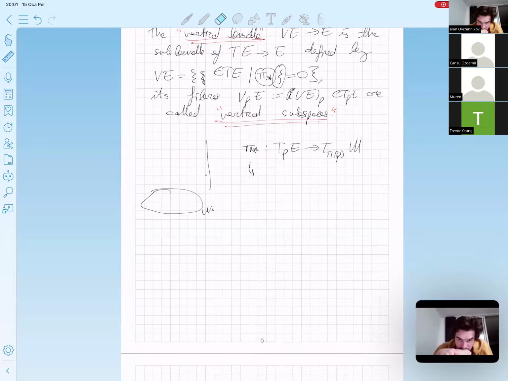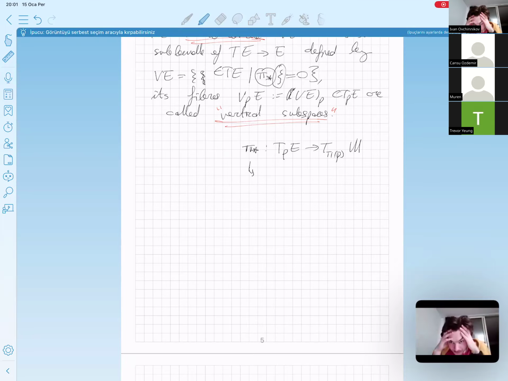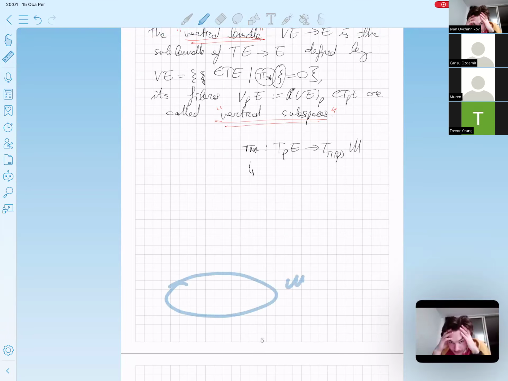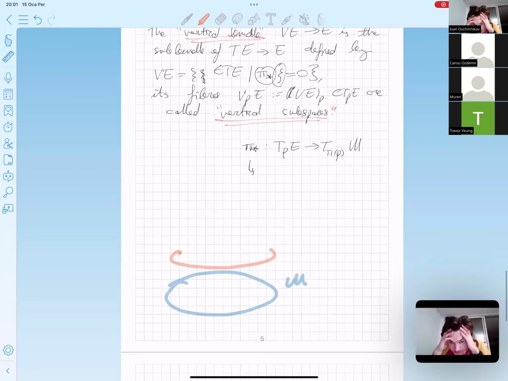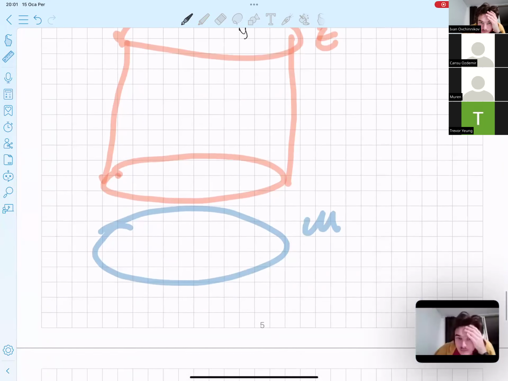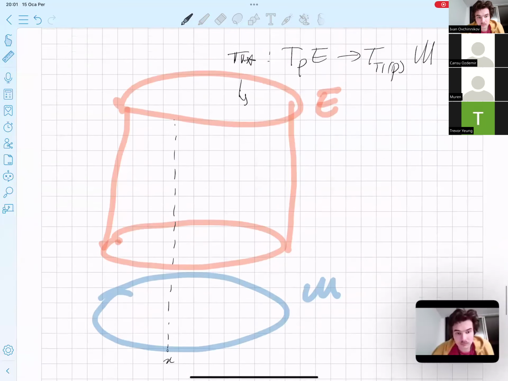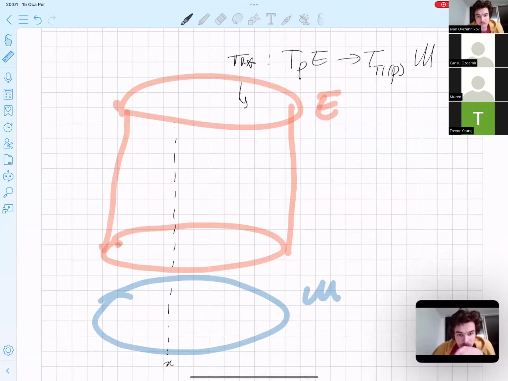So okay, so now let's consider the. Okay, let me draw it a little bit nicer. I will draw it a little bit bigger. So this is M. And this is E. So suppose we have this is X, and then this is the fiber standing over X. Now suppose we have a vector like this.